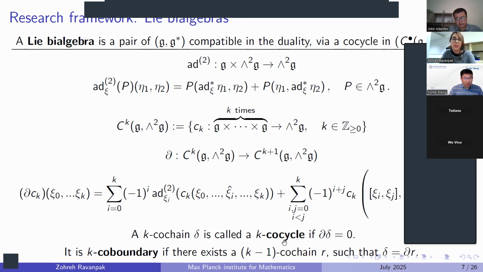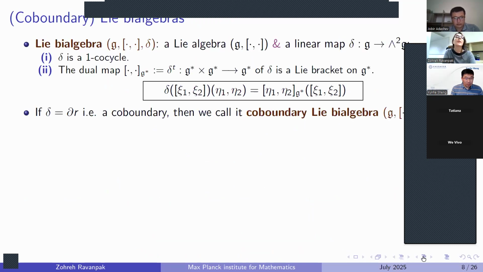A k cochain is called a k cocycle if the coboundary of that is 0, and we call it a k coboundary if there exists a cochain of 1 less degree, such that we can write that cocycle in terms of the coboundary of that element. So for us, 1 cocycles are important. We say a 1 cocycle defines a Lie algebra if the dual map to that cocycle defines a Lie bracket on G star.